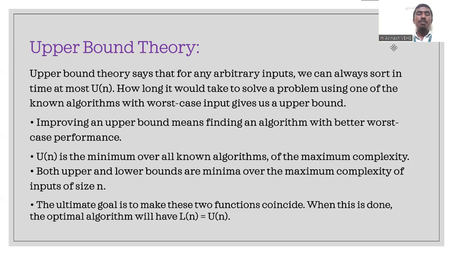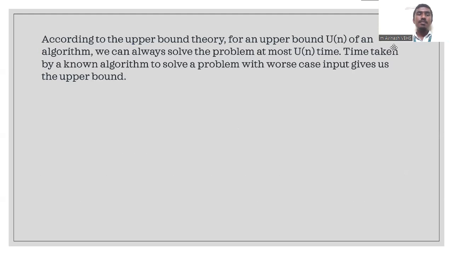U of n is the minimum over all known algorithms of the maximum complexity. Both upper and lower bounds are minima over the maximum complexity of inputs of size n. The ultimate goal is to make these two functions coincide. When this is done, the optimal algorithm will have L of n equal to U of n.